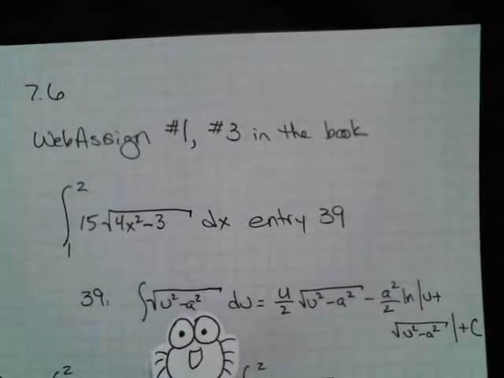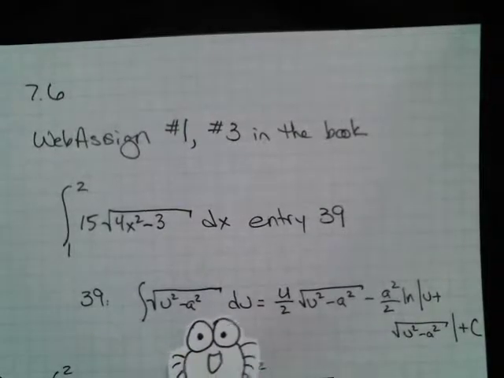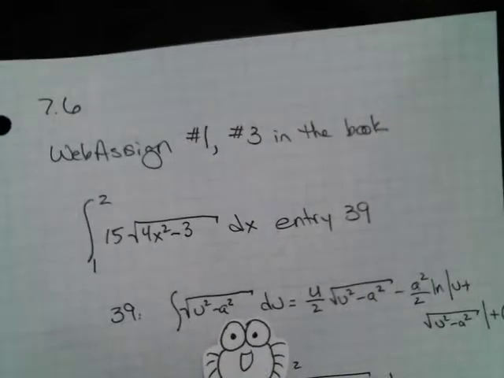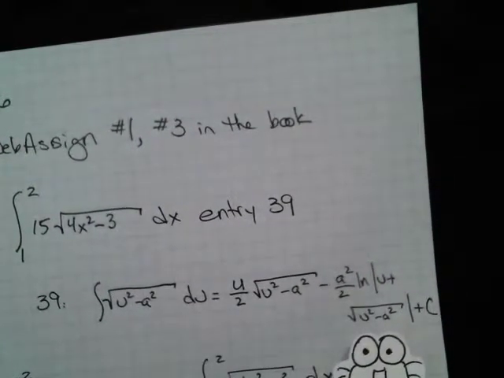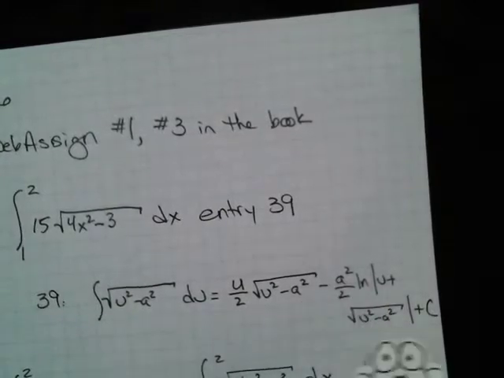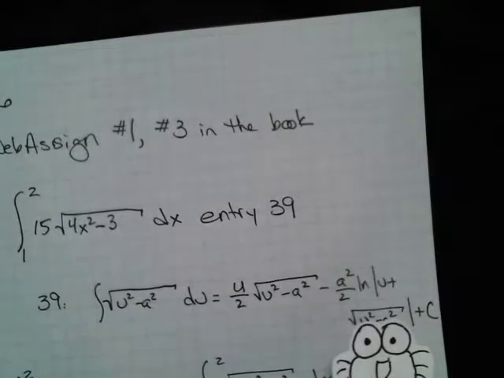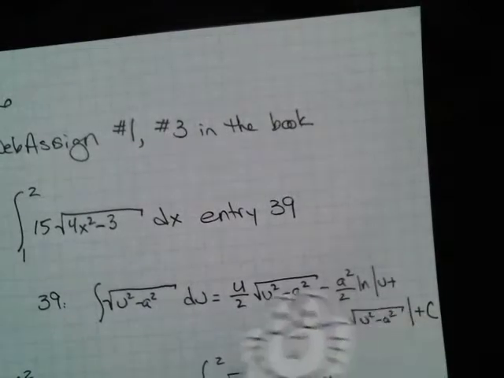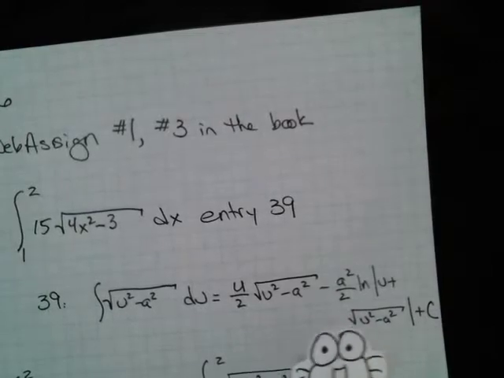Now, you don't have to worry about what a itself is, which is really nice about this formula. If you look at the whole formula, we never actually use a by itself. A stays squared in all the settings. So we don't have to worry about whether a squared is actually a nice number to take the square root of, plus or minus.